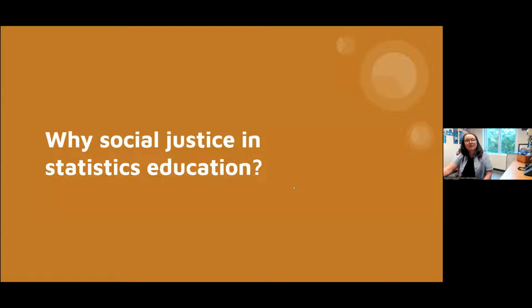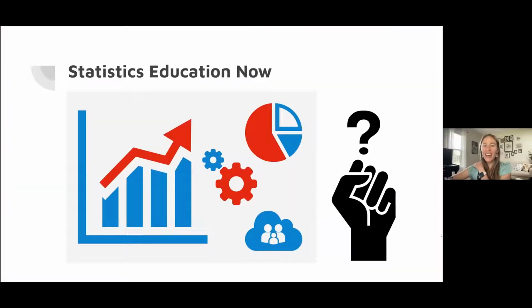And so I'll let Julie talk a little bit about why there's a need for this social justice lens in statistics education in particular. Great, thank you. So I've been teaching statistics since I started at IU in 2015. I have some intro and more advanced classes. I teach graduate students in the School of Education.